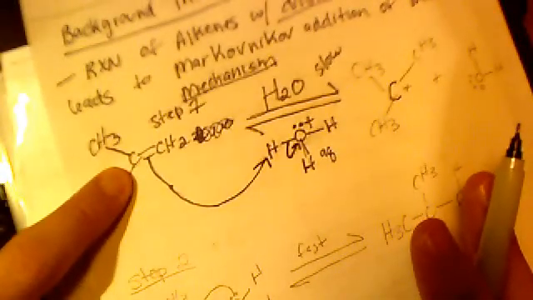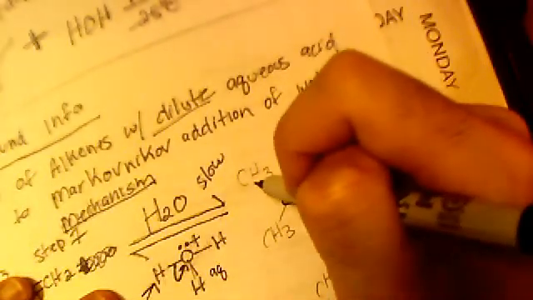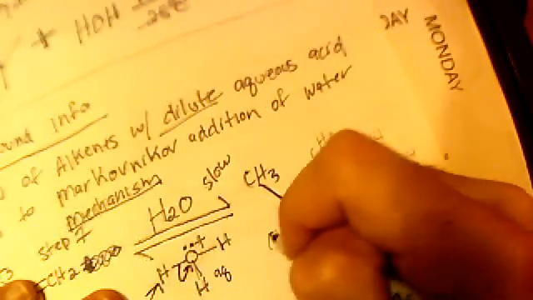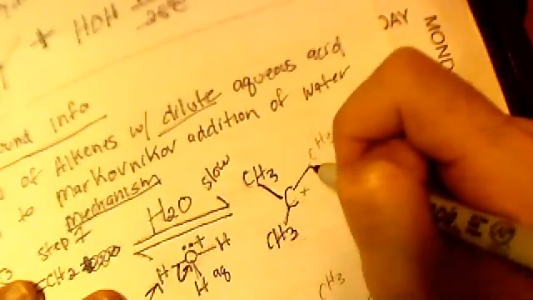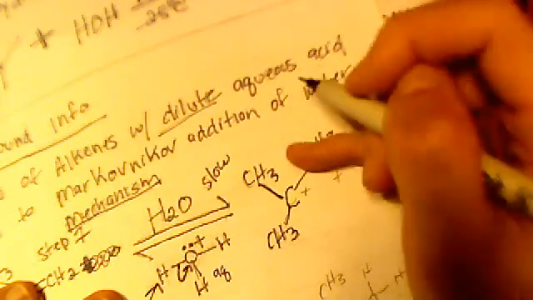We look at this molecule. This C has no H's. This C has 2 H's. So, of course, the H that we just picked up is going to go here. And so we get CH3, which we had before, and now we have a CH3 because the hydrogen went here, and we get a carbocation.